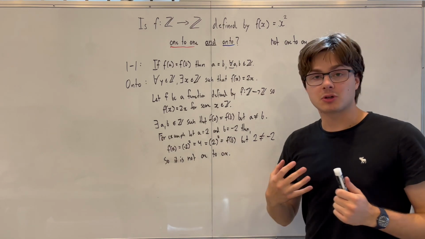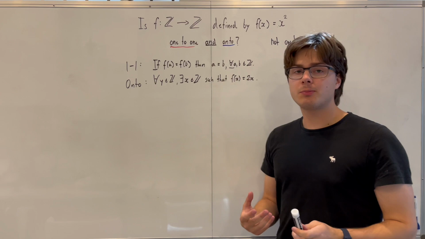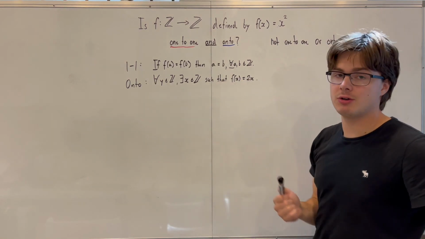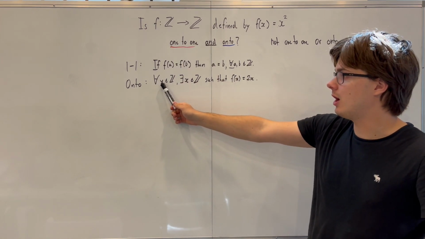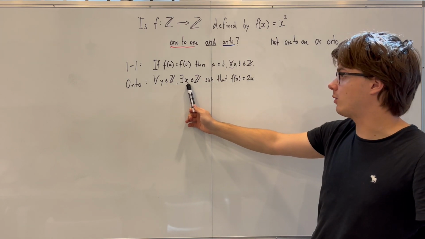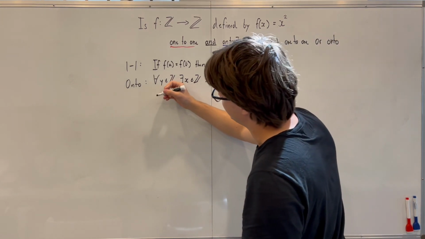Now let's go ahead and prove that it is not onto. So in order to prove that this function is not onto, we have to write out the negation of our onto definition. So we have to say that there exists an integer in our codomain such that there does not exist an integer in our domain such that f of x is equal to 2x. So let's go ahead and say that.